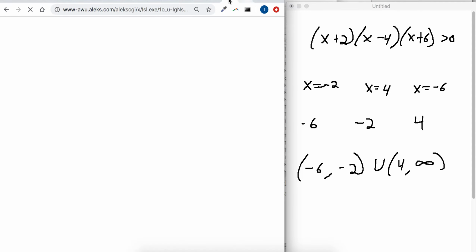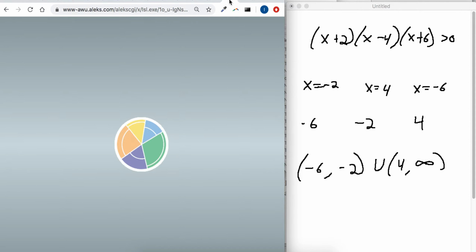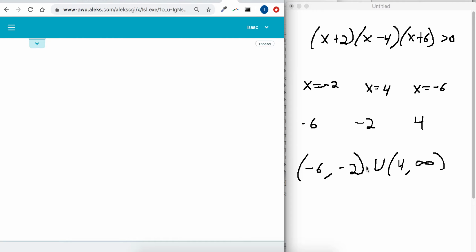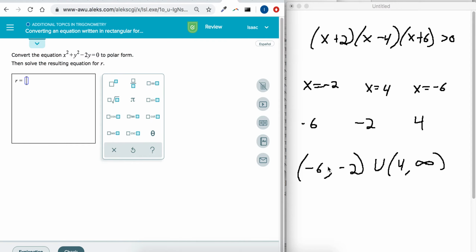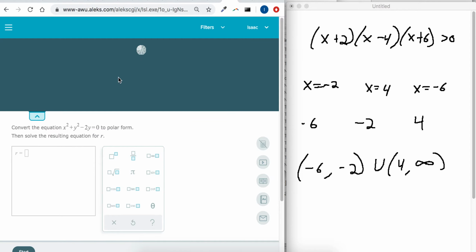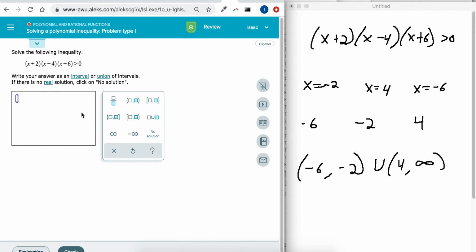Oh, I just closed it. I don't think it's going to let me type it in. But this is what you'll type in Alex. I think I can get it real quick. Yeah, so typing in Alex, parentheses, -6, comma, -2, and then let me try just typing in U. No, it doesn't let me do that. We need to find the union operator.